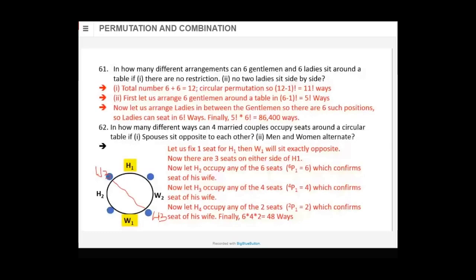Take a screenshot if you want. Any doubt? Did you understand what we did? First we fixed the 2. Husband 1 is fixed. Once husband 1 is fixed, what will happen? The opposite seat is occupied by his wife.